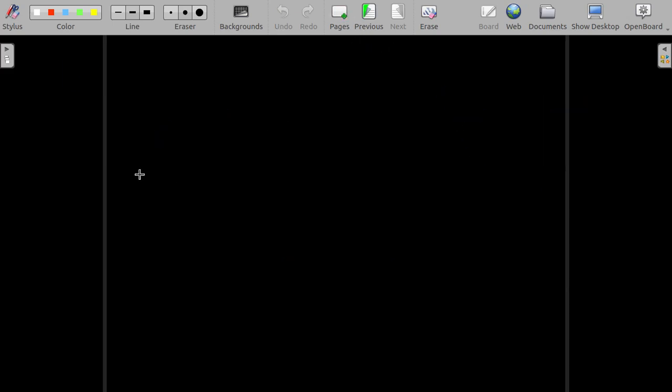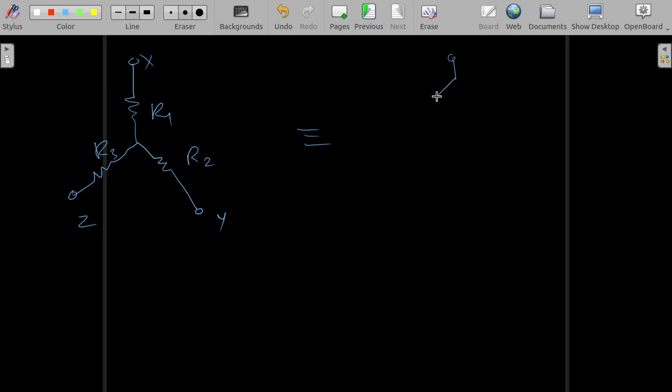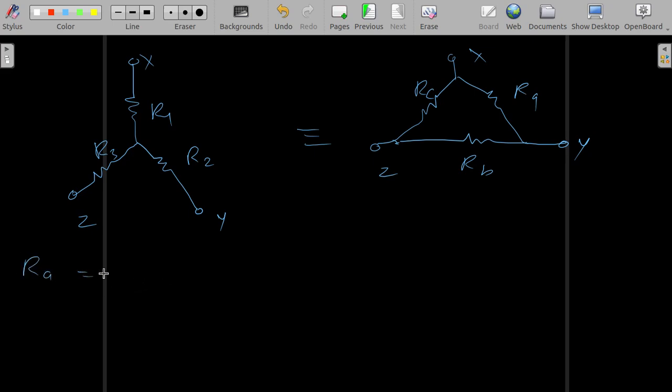Now we can do the inverse also, right? If we want to convert R1, R2, R3 the other way around, to RA, RB and RC, then RA would be R1 plus R2 plus R1 R2 by R3.